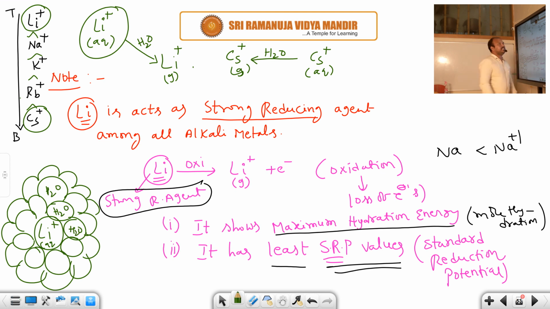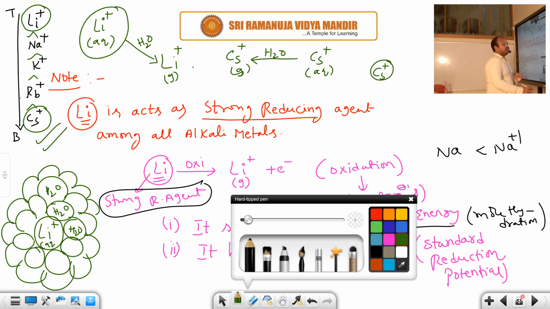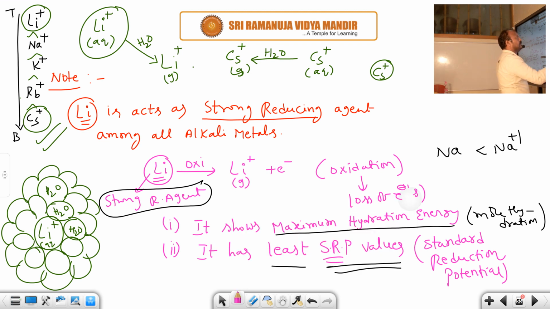The cesium plus ion has a large size. Take a look here from top to bottom. The cesium plus cation has a large size, so the ion is surrounded by very few water molecules. That means less hydration takes place.